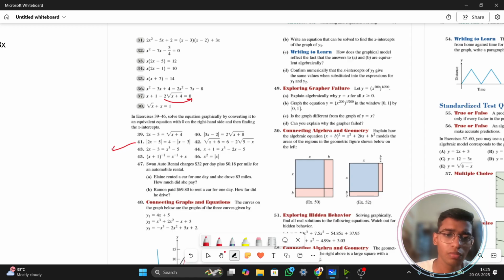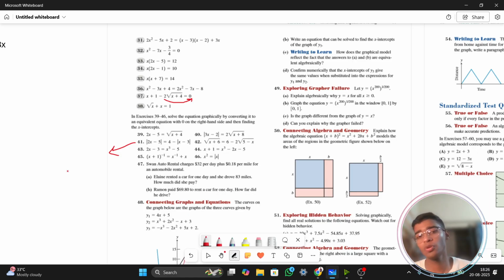Now, for 41, one thing I want to tell, this is an absolute sign or modulus sign, which means whatever value it is giving inside these standing blocks, the answer would be positive. That means for any x which I am putting in 2x minus 5, which has been put in those standing modulus signs, it is just going to give me that absolute value.